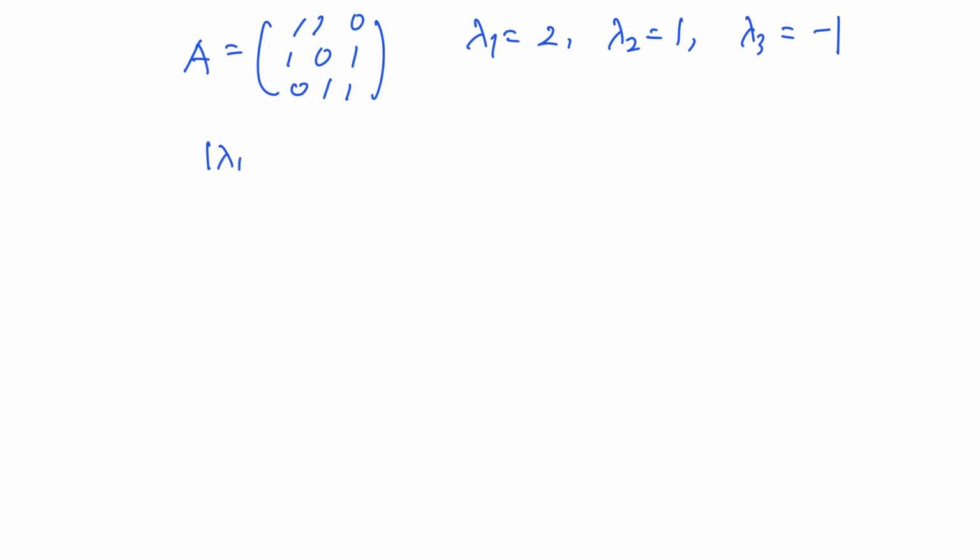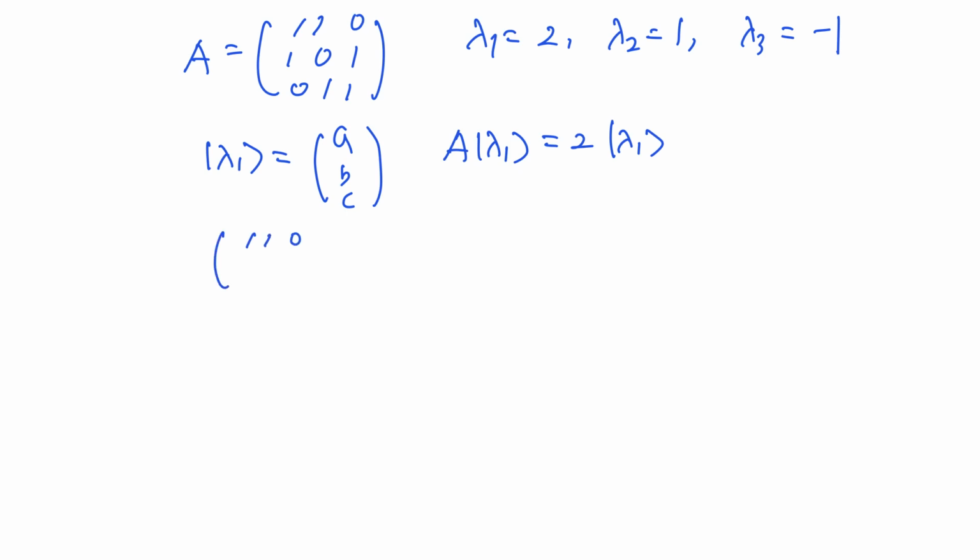So set the eigenvector for lambda 1 as A, B, C. Then A times it is twice itself, right?